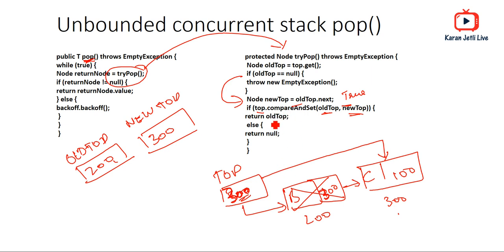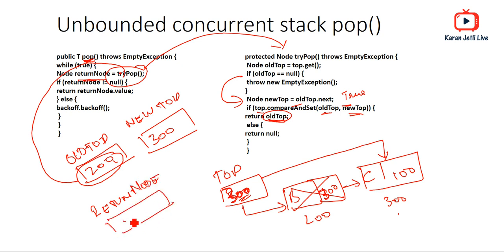Then return old top. The value of old top is 200. It is returned here. So what is stored in return node? 200.